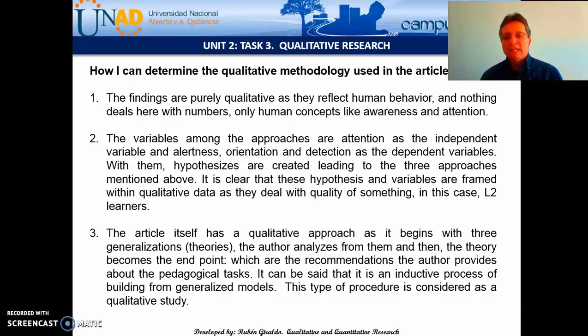It is clear that these hypotheses and variables are framed within qualitative data as they deal with quality of something, in this case L2 learners. And three, the article itself has a qualitative approach as it begins with three generalized theories, then the author analyzes from them, and then the theory becomes the end point, which are the recommendations the author provides about the pedagogical task.